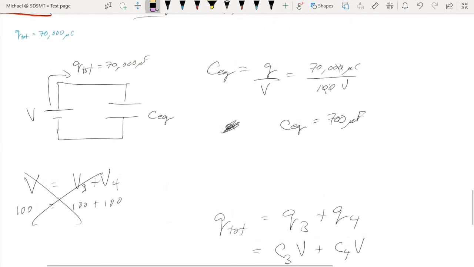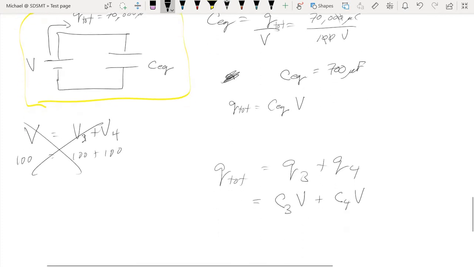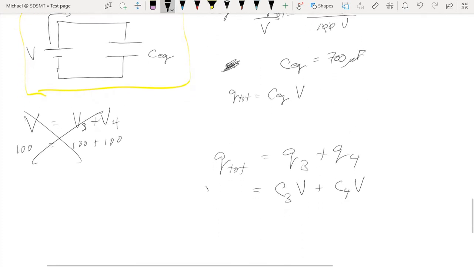Well, go back to your picture of your equivalent capacitor. And how does your equivalent capacitor compare to the total charge that should be drawn from the battery? That total charge would have to equal the equivalent capacitance times the common potential.